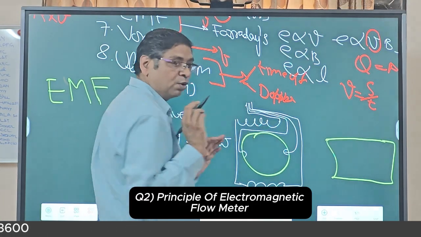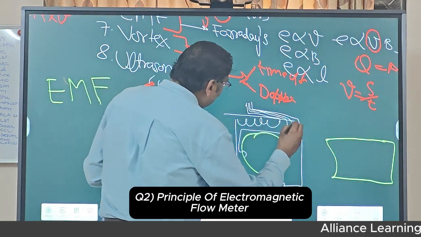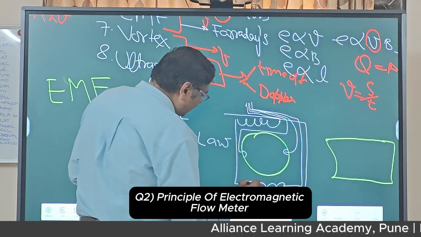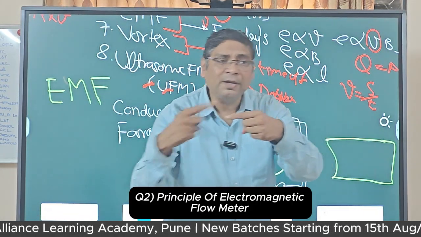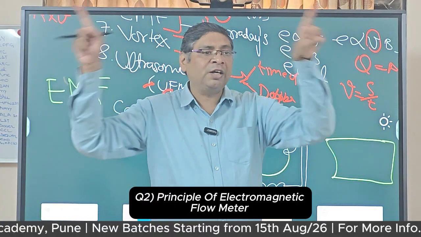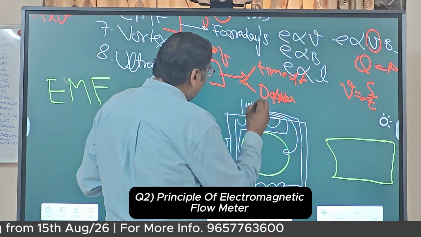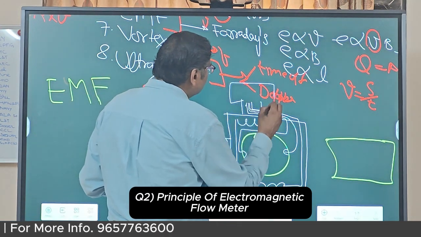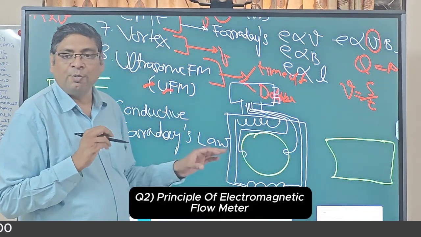All wires will come out. This is a coil. So we will have one coil housing so that it is protected from the environment. You know, a coil is made by taking a wire and winding it. So it should be protected from the environment. So we will have a coil housing, and on top of it a junction box, and it has two glands. This is the flow meter head.